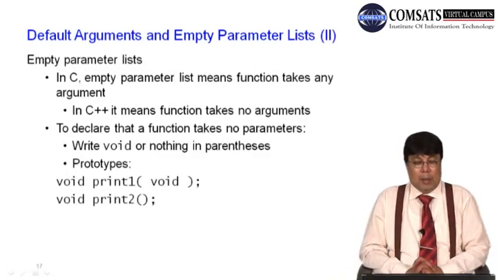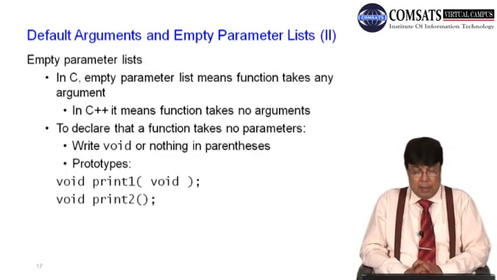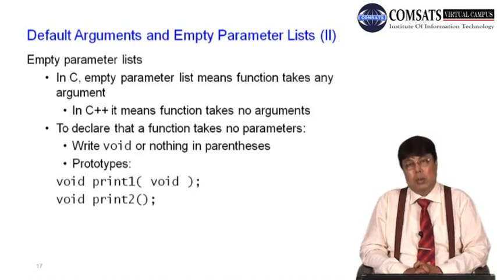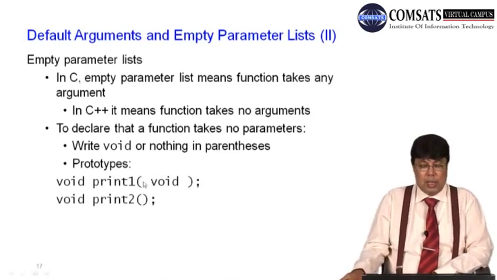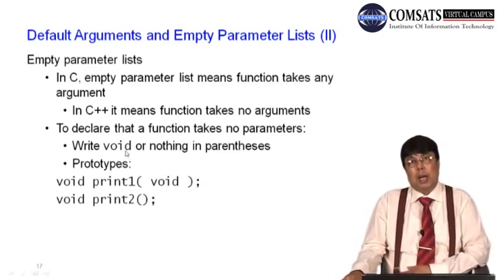Okay. Empty parameter list. The slight difference that I promised to explain to you is that in C, an empty parameter list means the function takes any argument if you have defined some default argument. But in C++, it means that the function takes no argument. So to declare that the function has no parameter, we can use void within the parentheses in the prototype declaration.